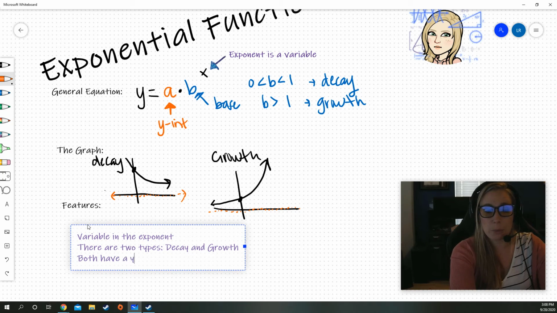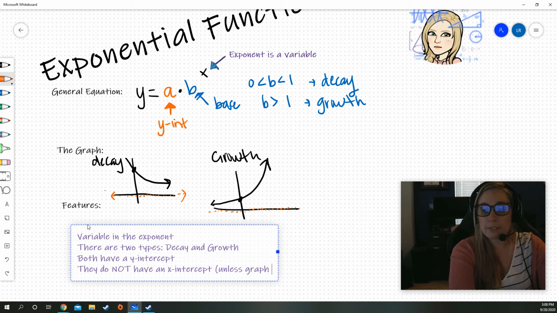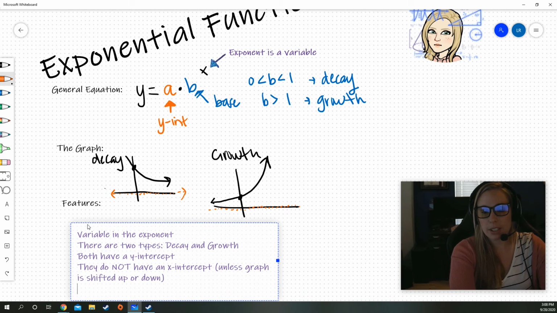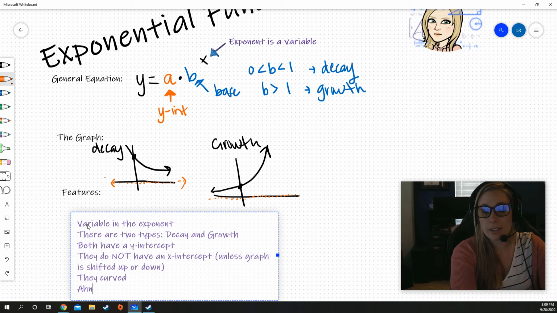Both have a y-intercept. They do not have an x-intercept unless the graph is shifted some direction, up or down. And they are curved. And there's an asymptote.